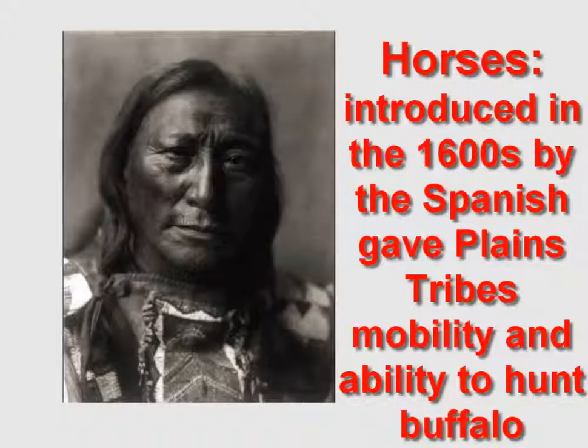Horses gave mobility to the tribes, they could be used for hunting, and they allowed tribes to follow the various herds of buffalo. In our first video today, we're going to talk about the Comanche and how they ended up acquiring horses from the Spanish, and how that changed their entire culture, and the so-called horse culture that followed.